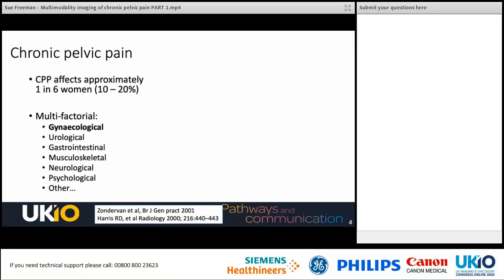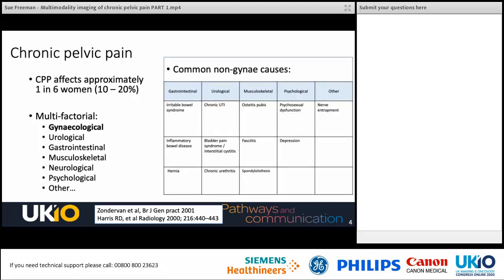Chronic pelvic pain is extremely common, affecting 1 in 6 women during their lifetime, and is often multifactorial. There's a list here of non-gynecological causes. The pelvis is such a complex anatomical place, including uterus, ovaries, bladder, bowel, muscles, nerves, bones, joints.